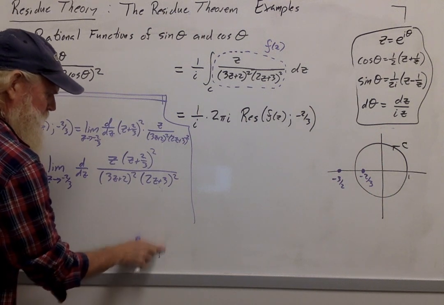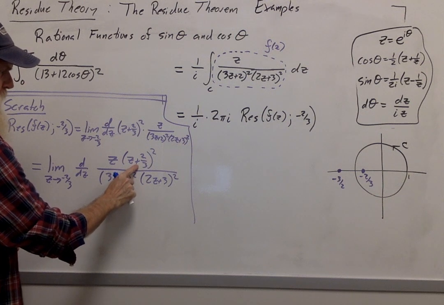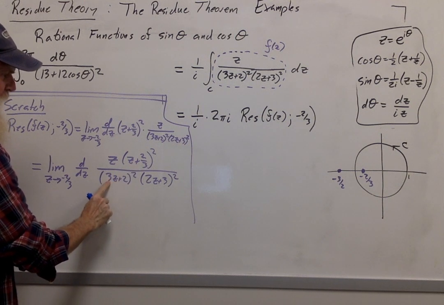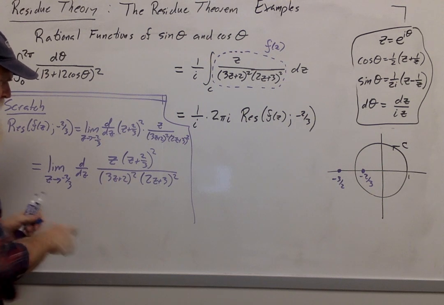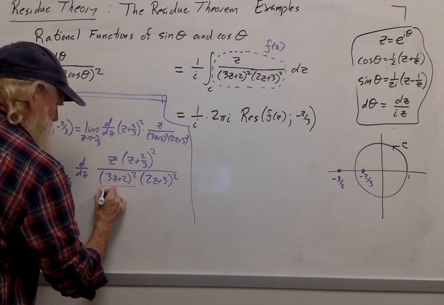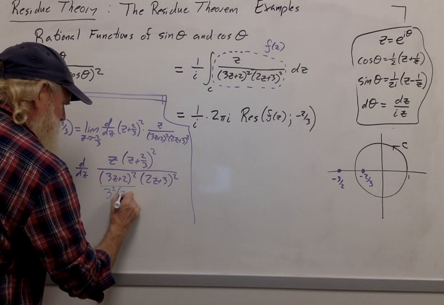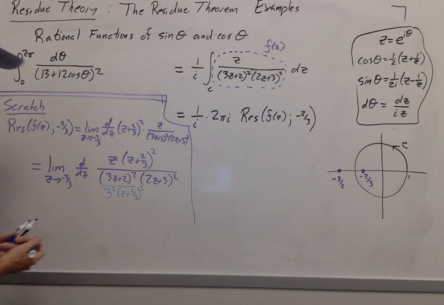I'd like to cancel in a similar way to what I did last time. It feels like this factor up here should cancel with this down here, but I need to factor this 3 out. But remember, the 3 is squared. So this expression here is the same as 3 squared times (z + 2/3) squared.